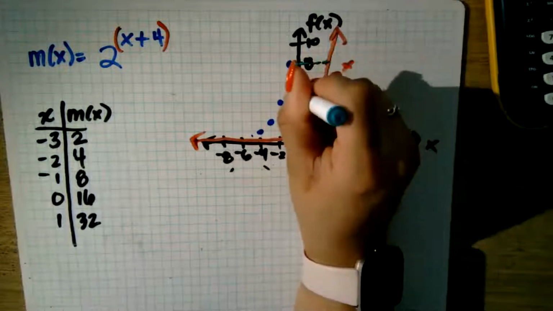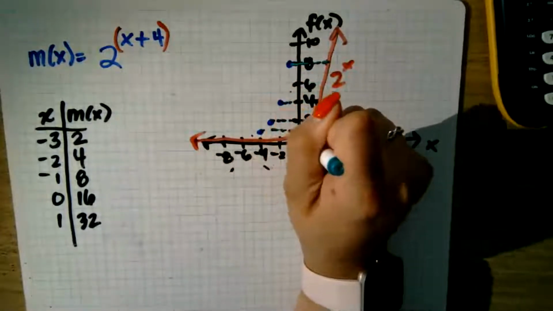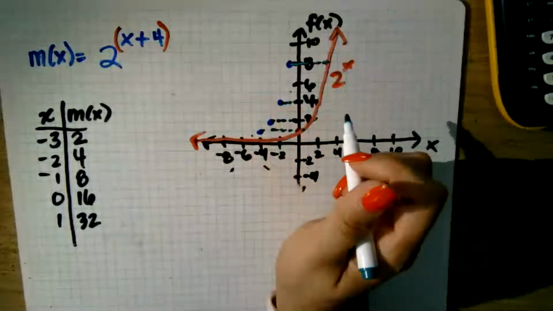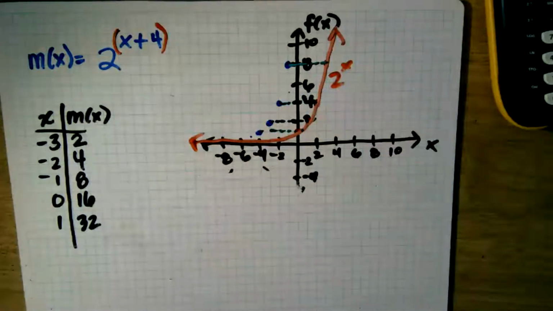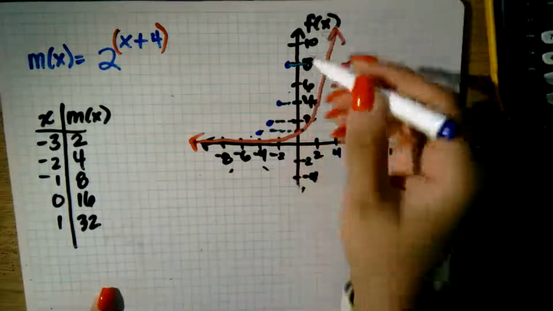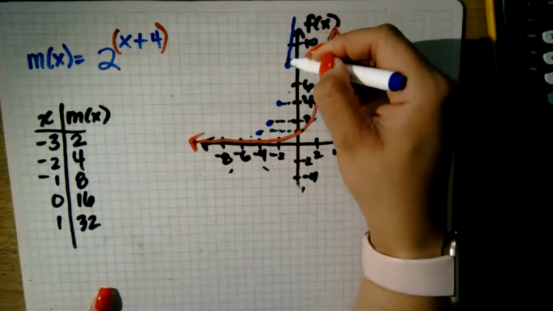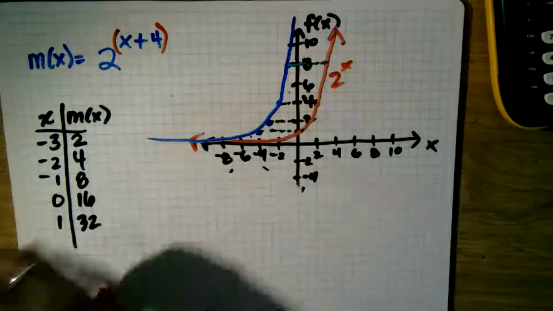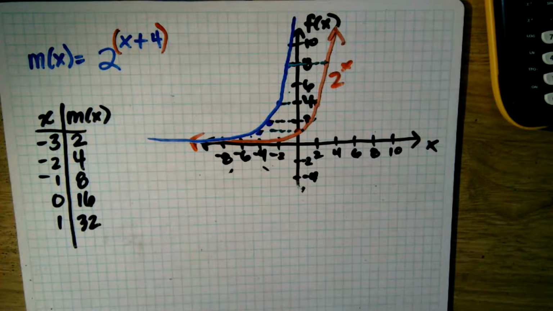So now there's this horizontal translation that happened here, right? Okay. So if you notice this function, and I'm going to go ahead and graph it now. If you notice, I now have a horizontal translation.